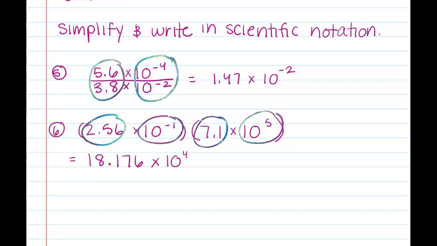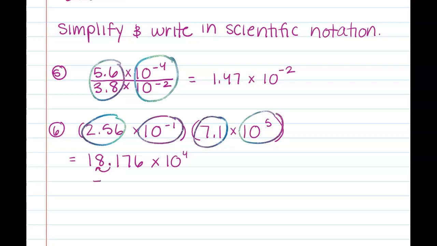We're close, but we're not quite done because this isn't technically in scientific notation if we have a two-digit number. So what we have to do is move one decimal place to the left.